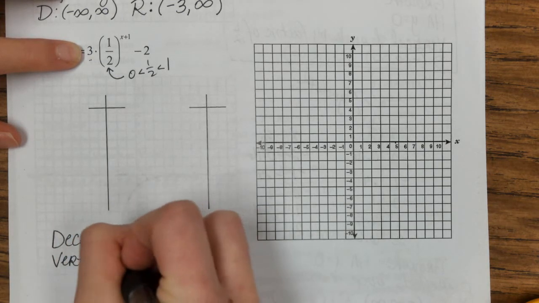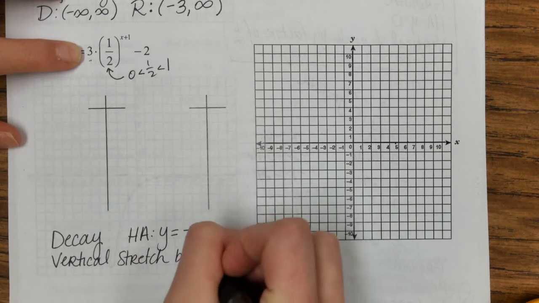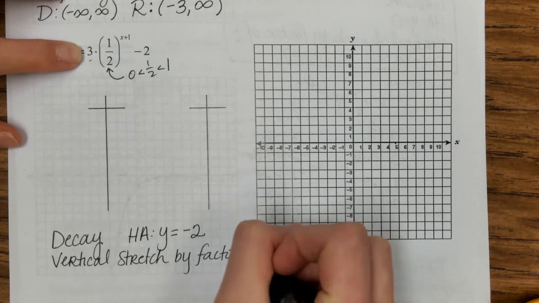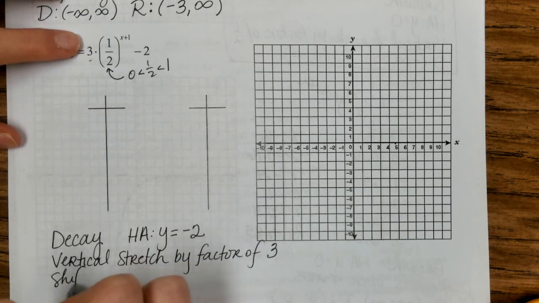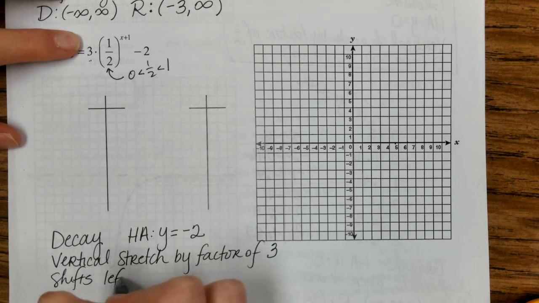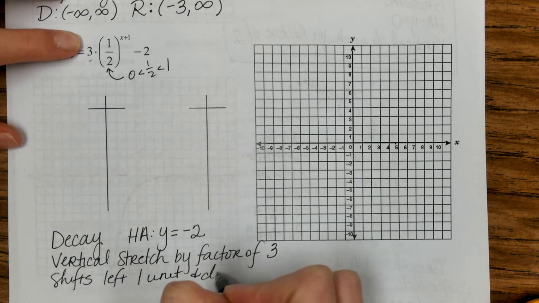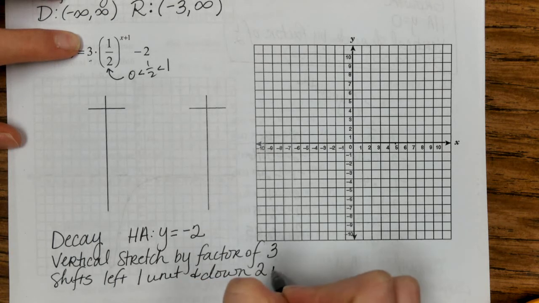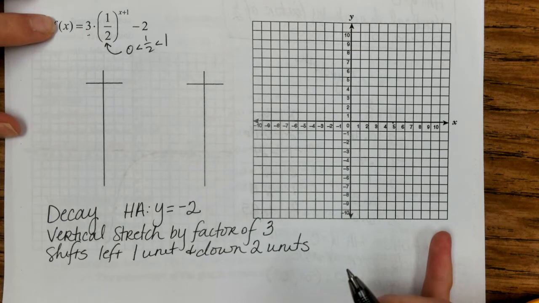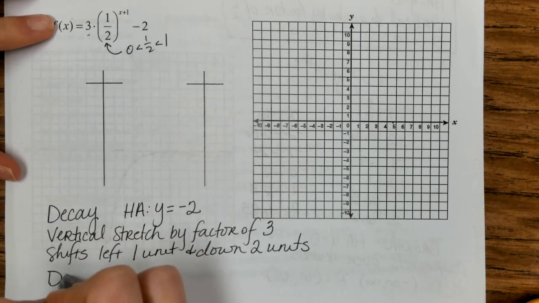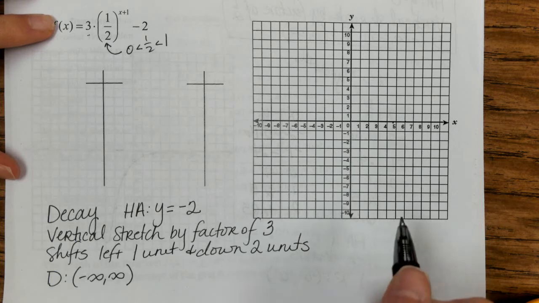A vertical stretch by a factor of 3. What else? Where does it shift? Left 1 unit, and down 2. Now my domain, I know, is going to be negative infinity to infinity.